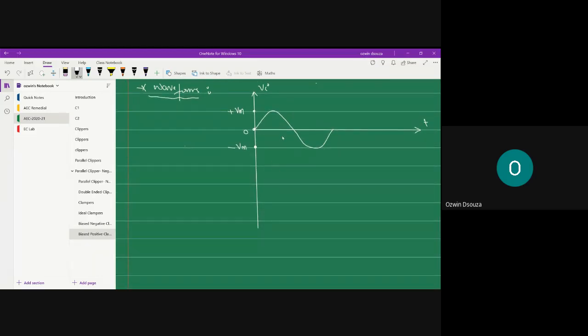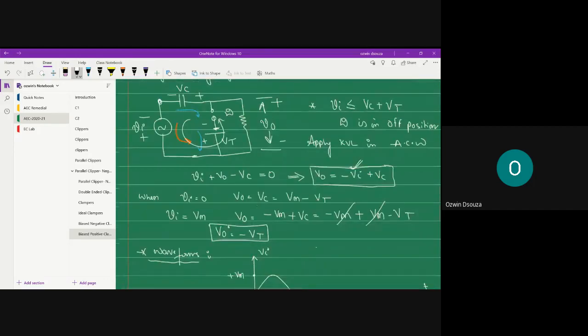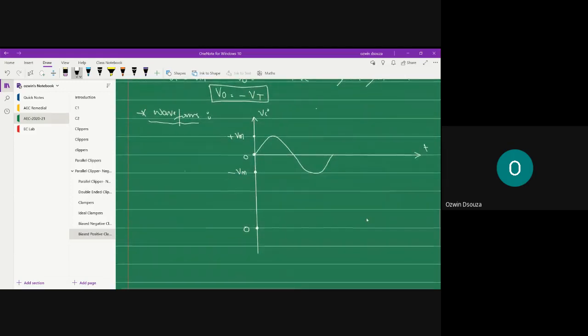Can anyone tell me what will be the value of the output when the input signal value was 0? So when Vi is equal to 0, output is Vm minus Vt, right? So let's say this is the 0 reference of output. When your input is 0, output is Vm minus Vt, so some positive voltage.